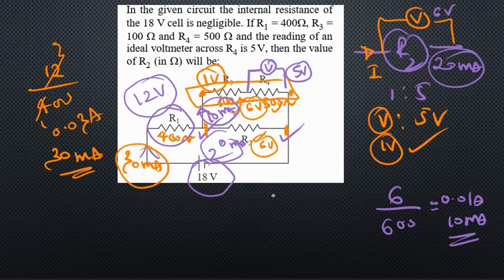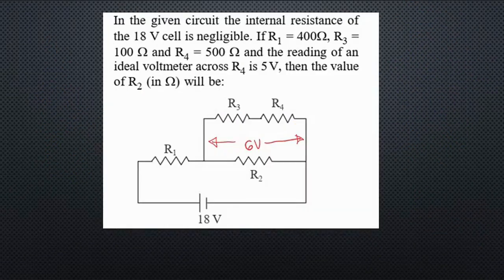Now we have all the values we need. We know the potential difference across R2 is 6 volt and the current through it is 20 milliampere. So we apply V equals IR. V is 6 and I is 20 into 10 to the power minus 3, into R2.